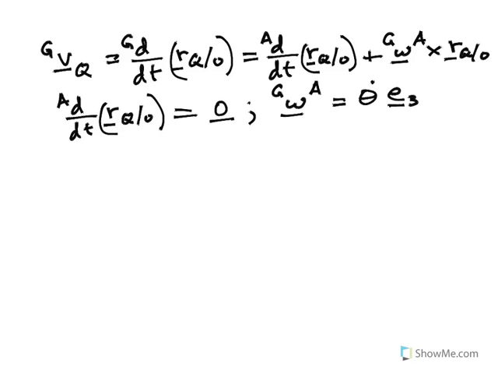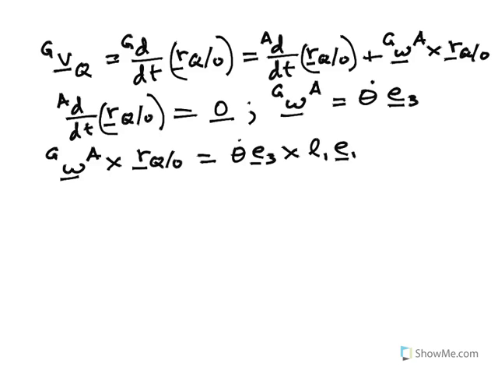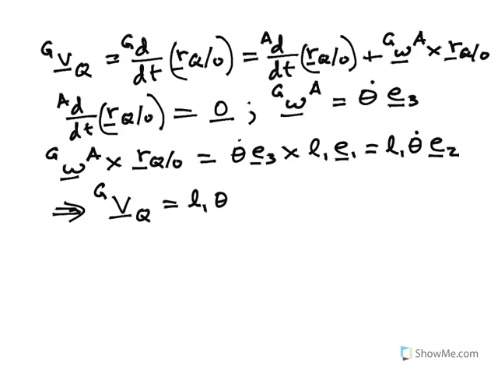So therefore, the angular velocity of A in G crossed with the position of Q relative to O is equal to theta dot E3 crossed with L1 E1, which is equal to L1 theta dot E2. So that gives me that the velocity of point Q in G is equal to L1 theta dot E2.